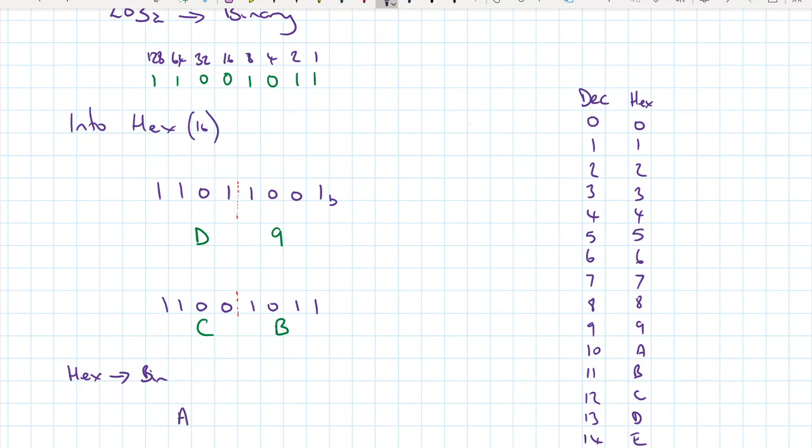We have A, E. Okay, so converting that back into binary, E is equivalent to 14, so that's going to be 1, 1, 1, 0, and then A is 10, so that's 1, 0, 1, 0. Let's check that, 8 and a 2, 10 and 14. So nice and easy.